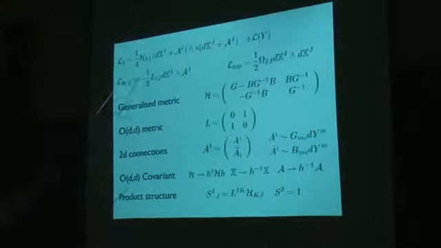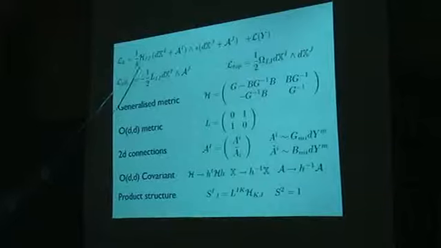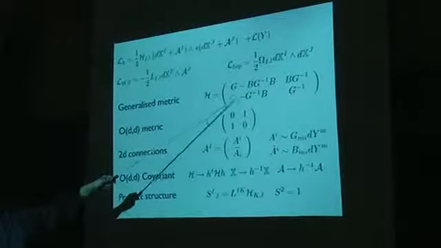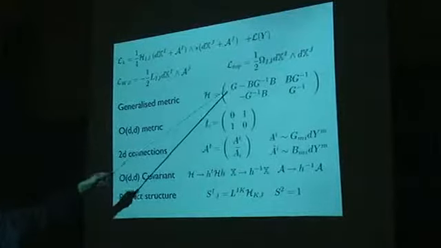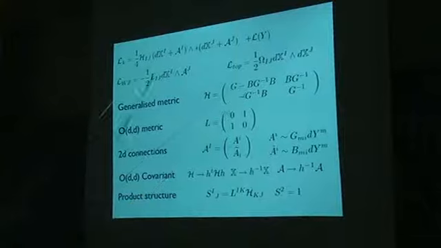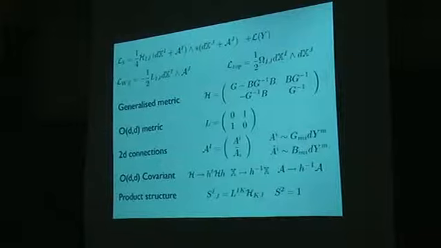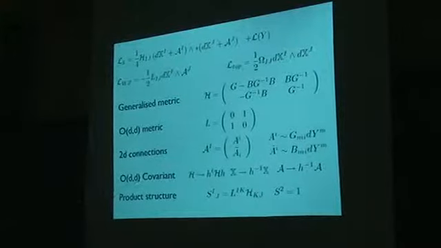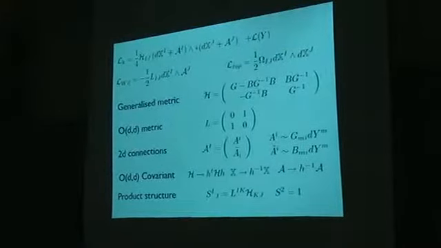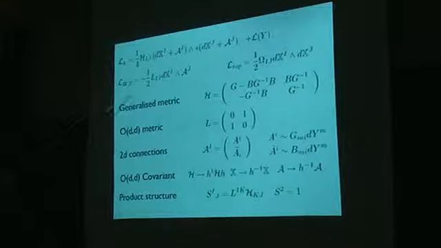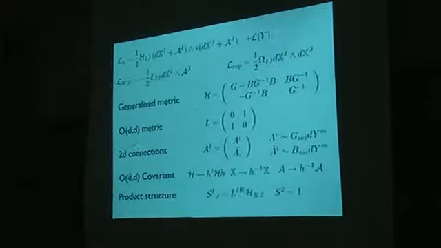And there's a metric, which is sometimes called a generalized metric, which is a 2D by 2D metric, made from the metric and the B field on the torus fibers. This was the GMN and the BMN we saw before. And one can show that this is covariant under duality transformations, and I'll say more about the transformation of these objects tomorrow.